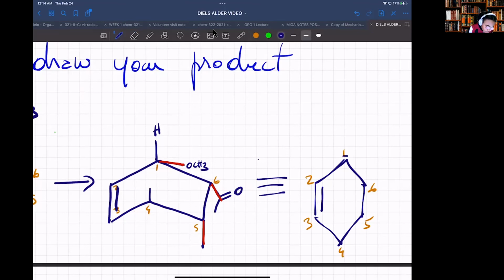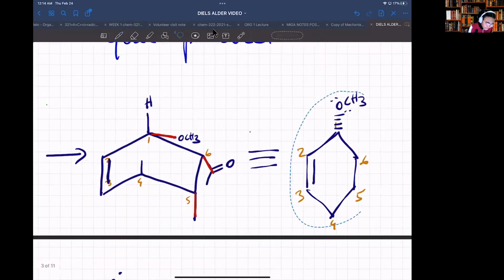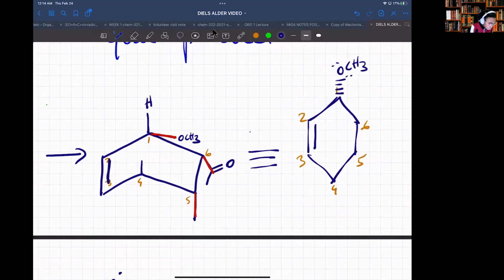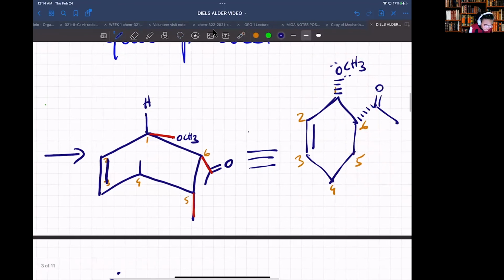1, OCH3 should be pointing down, so I'm going to write OCH3. Let me move this up a little. On carbon 6, this group should also be pointing down because that's the endo rule, right? These two groups should be on the same side, even this one too, but anyway. 5 is pointing down.